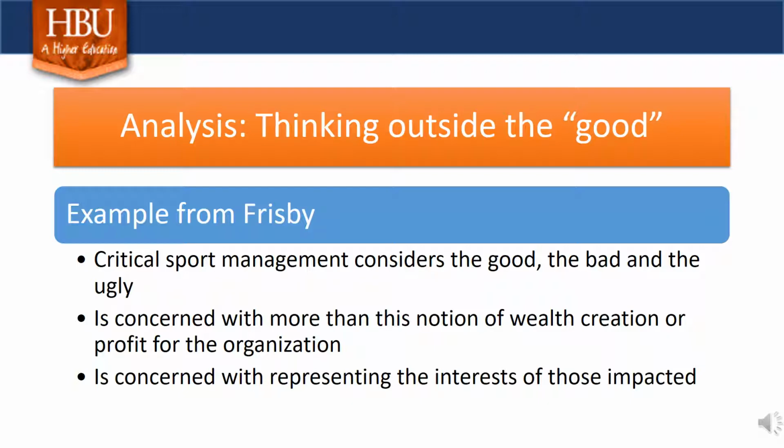And in doing so, Frisbee wants us to think outside the good, in that we need to be more concerned than just this notion of wealth creation or profit for an organization, but we need to be thinking about or being concerned with those representing the interests of those impacted, and that may be participants in sport and physical activity, it may be coaches, it may even be organizations. But nonetheless, with our construction of data and ultimately the analysis of data, I want us to have a little bit of the mindset of thinking outside the good. Again, use Frisbee's article as an example to help guide you in some of this thinking.